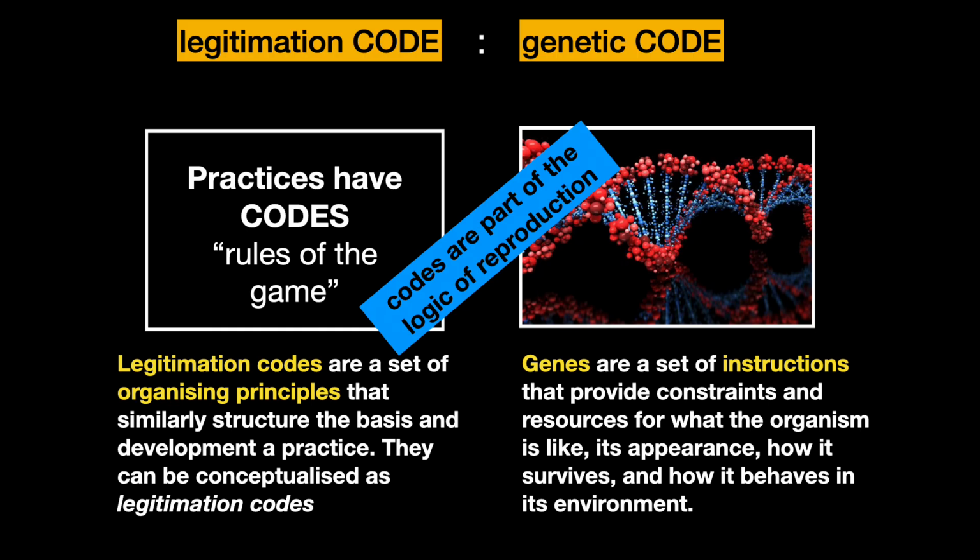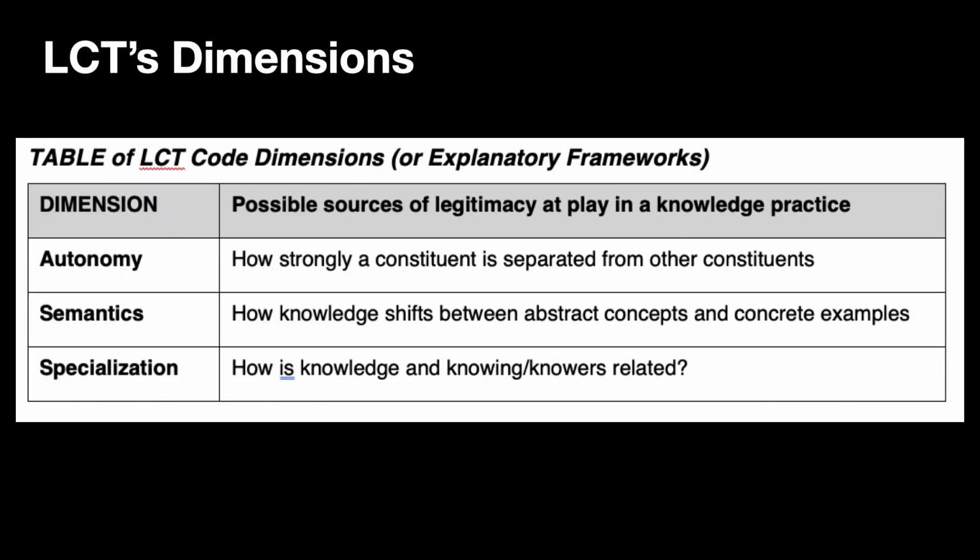But what are these codes? Legitimating codes may take many forms, or as LCT folk like to call them, dimensions, within any social practice. This table presents the three most developed LCT dimensions to date, and there are others. Each of these dimensions, autonomy, semantics, and specialisation, constitutes a particular type of legitimacy structuring the dynamic at play in a knowledge practice.